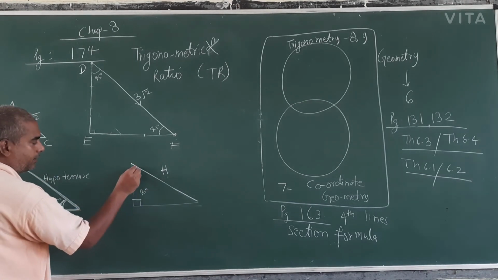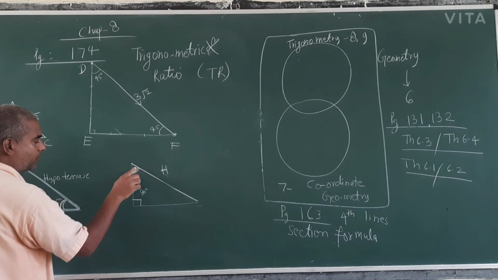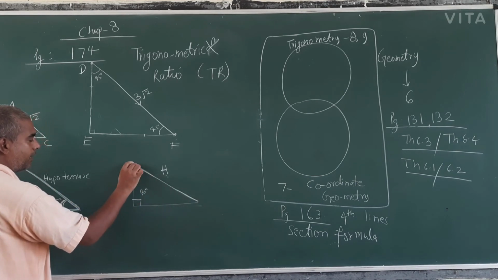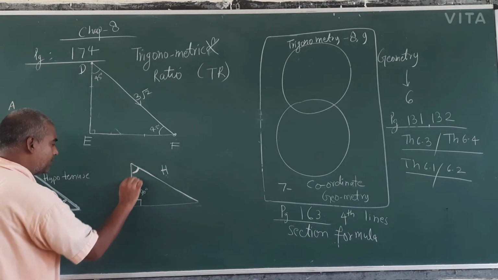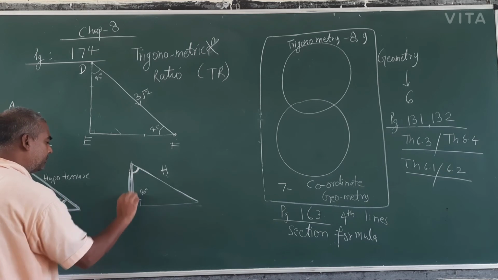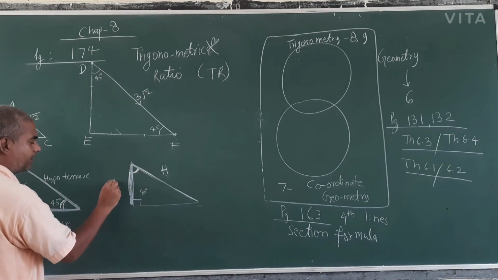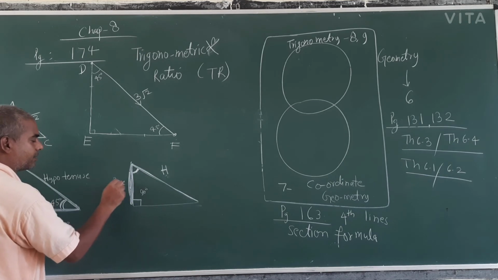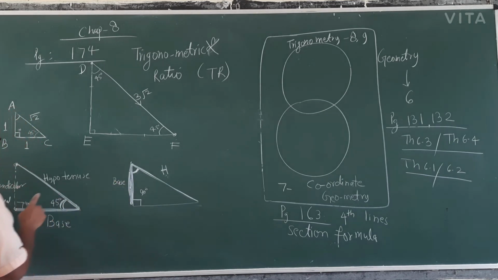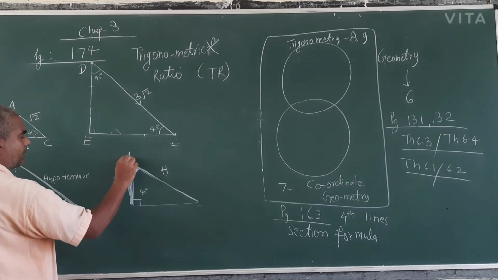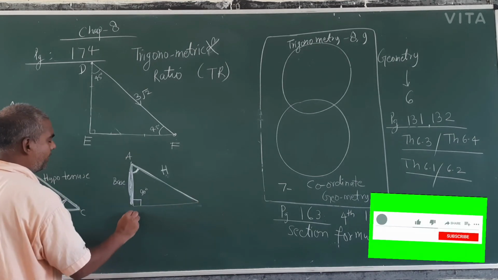If you take this angle, this is hypotenuse, so this angle is made between these two sides. What? One is the hypotenuse and another one is this side. So for this angle, that will be base, just like A, B, C. So that is A, B and C.